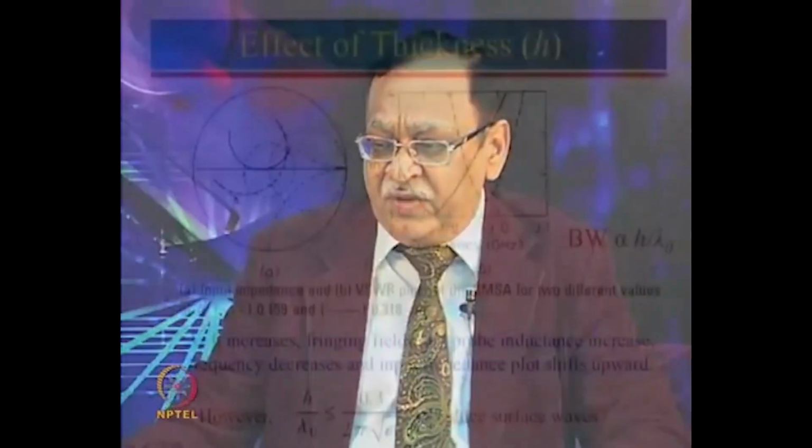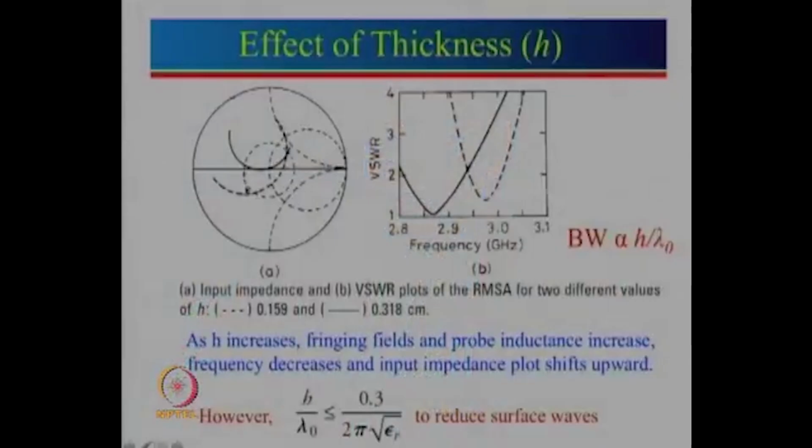That is why we can see here that this is for h equal to 0.159, and here the thickness is doubled, and the whole curve is shifted towards inductance. Now, from the bandwidth point of view, if you draw a line along VSWR equal to 2, this one has a relatively smaller bandwidth compared to this one here, which has a larger bandwidth.